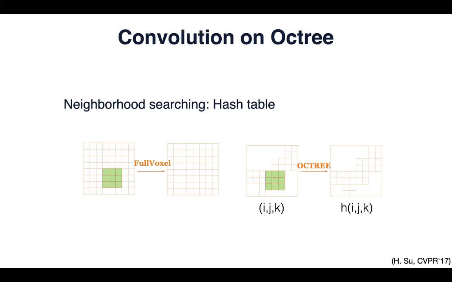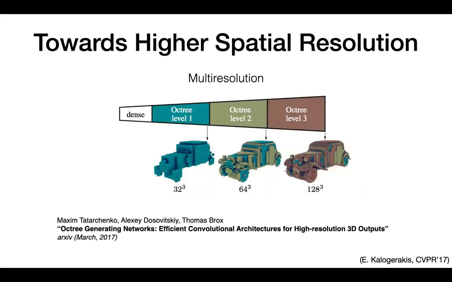But for an octree, when you have this neighborhood, we have the index of the neighborhood, I, J, K, and then we have a hash function that is going to give us the neighbors, and we can access this very efficiently, including implementing this on the GPU, right? This is something that is already well developed for games and other applications.